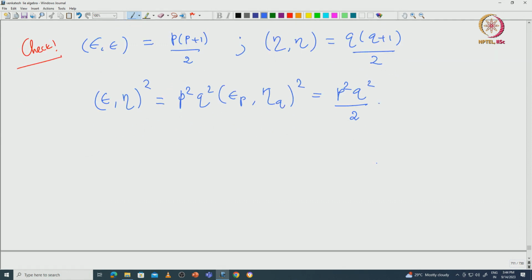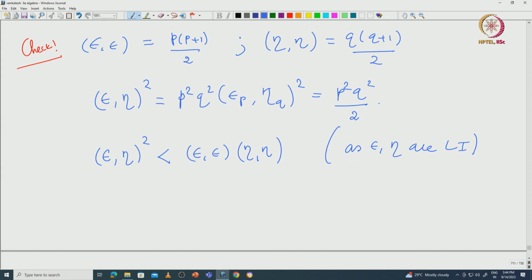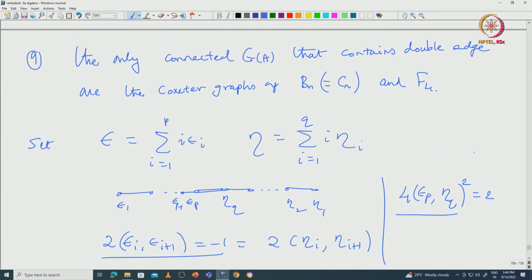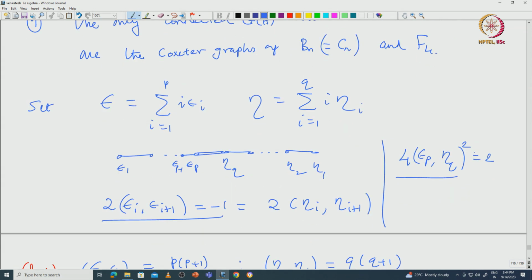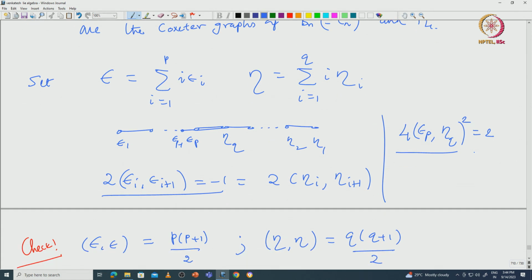Now you can use the Cauchy-Schwarz inequality. It says that the square of the inner product of epsilon and eta has to be strictly less than the product of the inner products of epsilon with epsilon and eta with eta. That is because epsilon and eta are linearly independent vectors: epsilon is a sum of epsilon i's and eta is a sum of eta i's, which are linearly independent sets lying inside two different spaces.